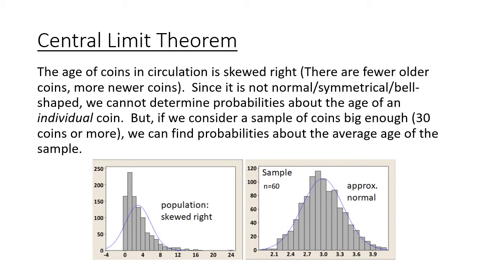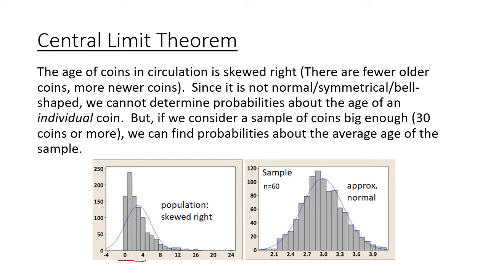But I want to explain with an example first about what's really going on. So the age of coins in circulation is skewed right. That means there's fewer older coins and more newer coins. So again, if you had a pocket full of change or your change jar and you were to dump it out, most of the coins are going to be between 0 to 4 years old. And you can see that over here.